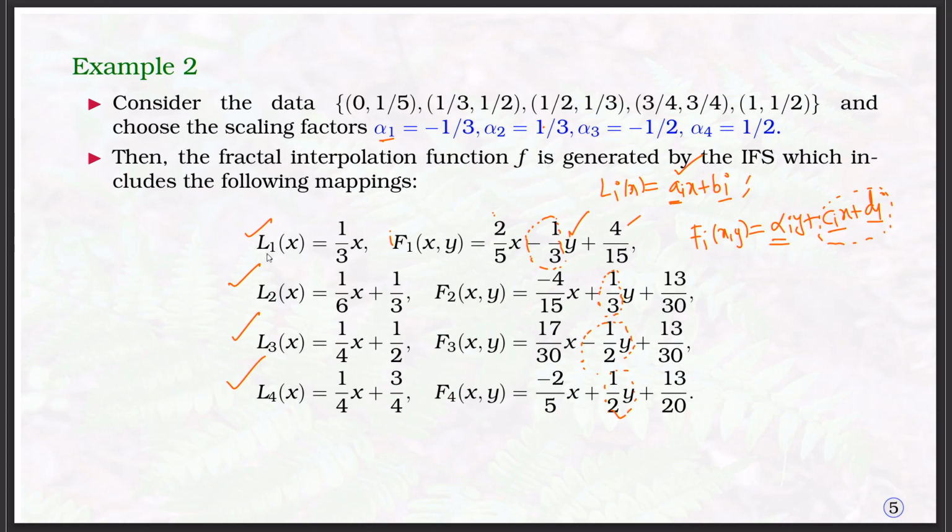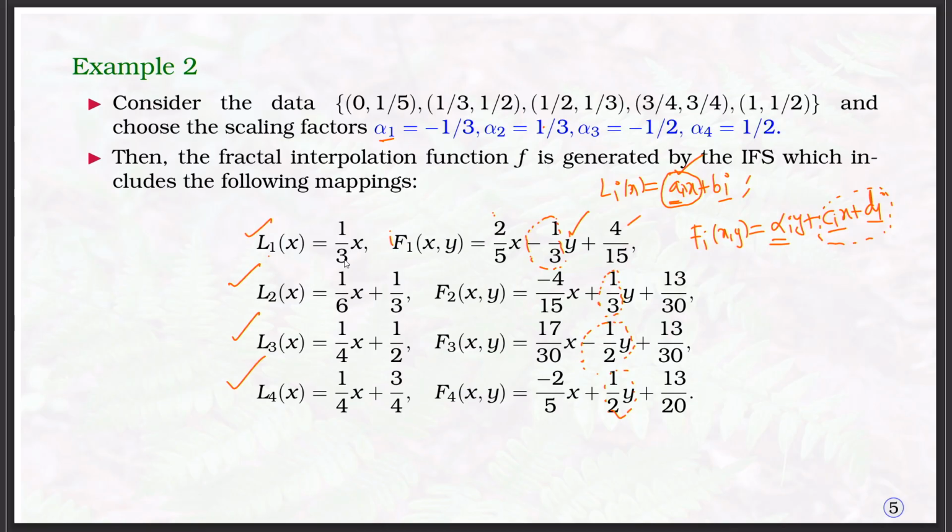First, we find the contraction factor of L_i, in the form a_i x plus b_i. L_i is a contractive homeomorphism. Then we need to find the contraction factor. As explained before, a_i acts as the contraction factor and b_i just shifts the interval from left to right.